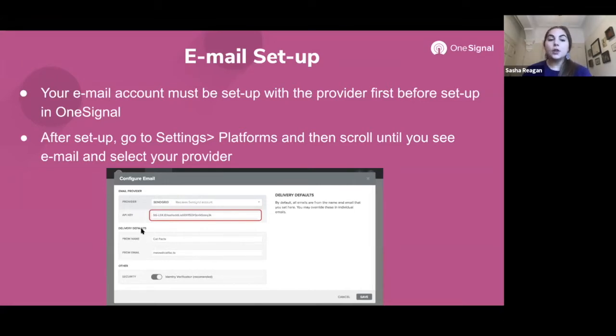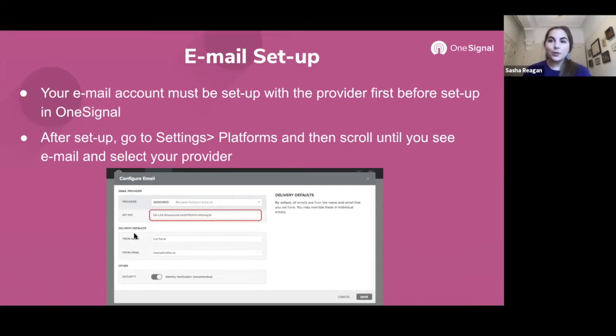From there, you'll want to set a couple of delivery defaults, and that way this information will be filled in every time that you are creating a new email or creating a new template. The from name, who you want the email to be from, and then the from email address.